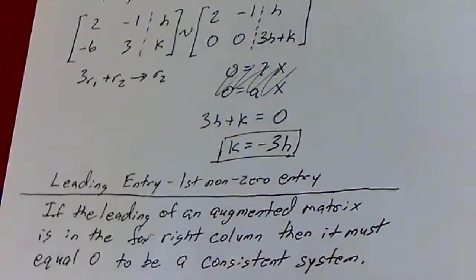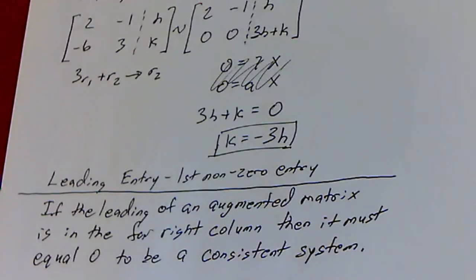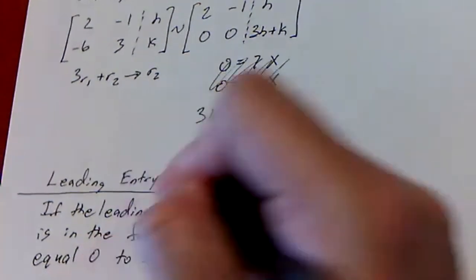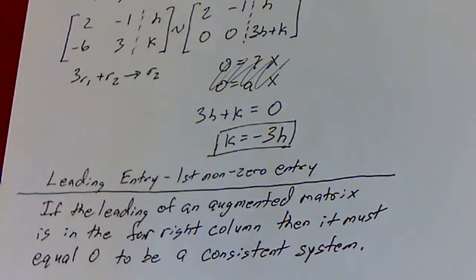The leading entry of an augmented matrix is in the far right column, far, not four, far right column, then it must equal 0 to be a consistent system. If the far right column is the leading entry in a row and it's not 0, then we say that system is inconsistent or that it has no solutions.